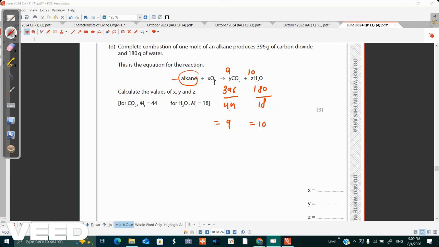So therefore, number of oxygen atoms here: 9 times 2 plus 10, 28. So therefore 14, this must be 14 by 14 times 2, right? So it must be 14. 9 to 10 to 14, right? So that's the ratios between these, right?